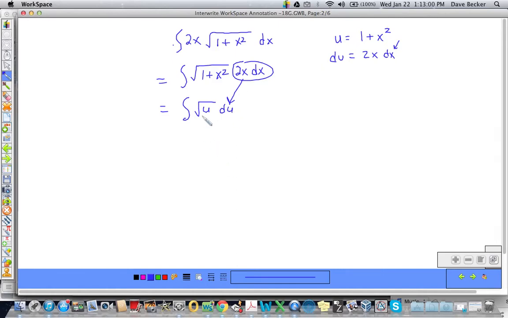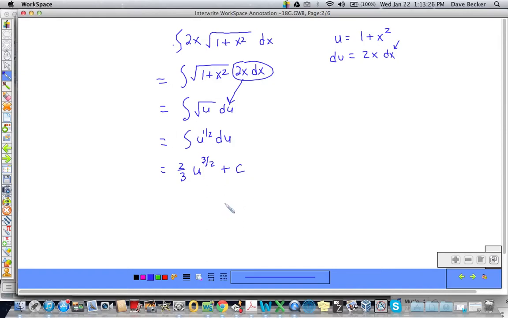And all of a sudden, this is an integrable function. We can integrate the square root of u. That equals u to the 1/2 du, and we simply have to use our power rule, which would be equal to u to the 3/2 divided by 3/2, which is 2/3, plus some constant c.